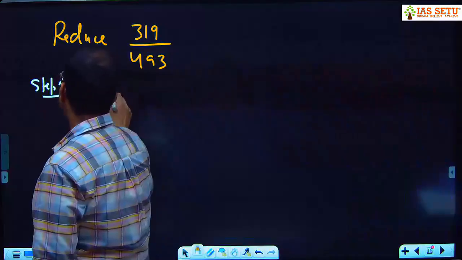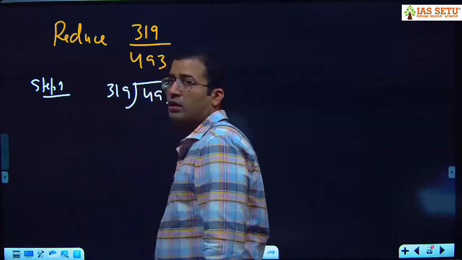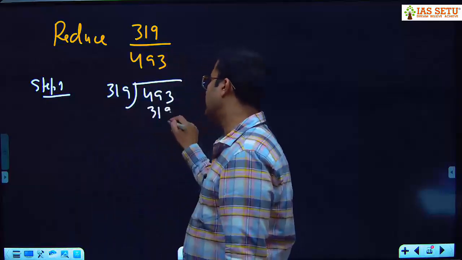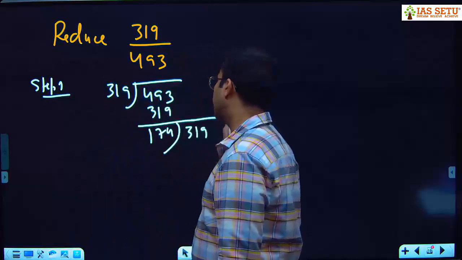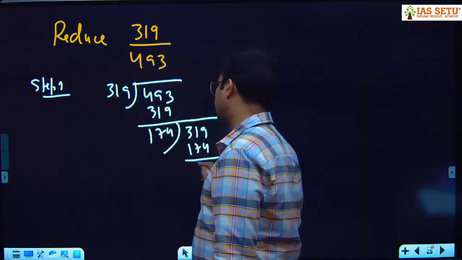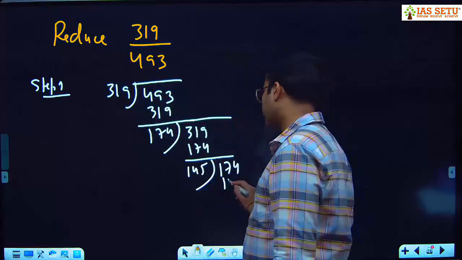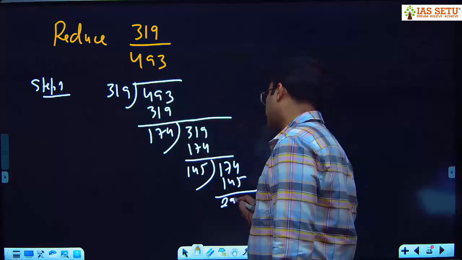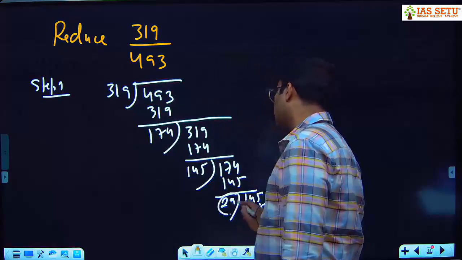HCF of 319 and 493. So it is 319, 174, 319, 174, 145, 174, 29, 145. So here the last divisor is 29.